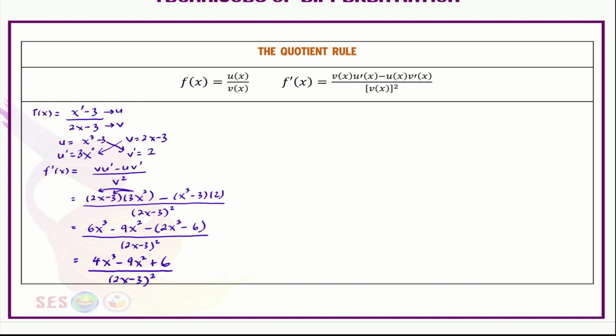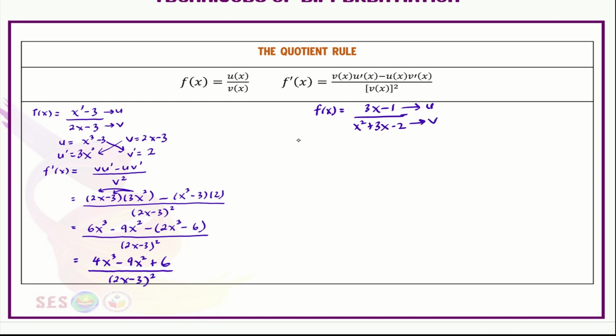Alright, let us discuss another example. Suppose that we have f(x) equals 3x minus 1 divided by x squared plus 3x minus 2. As mentioned earlier, the numerator will always be u and the denominator will always be v.